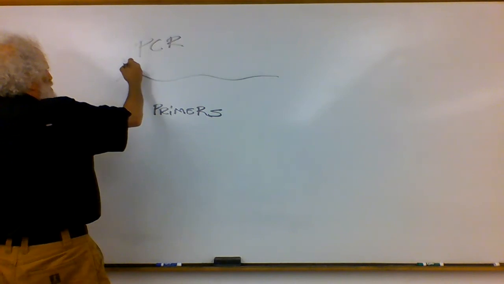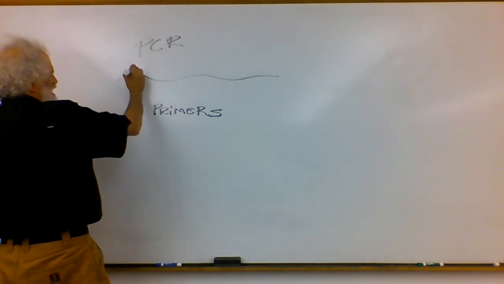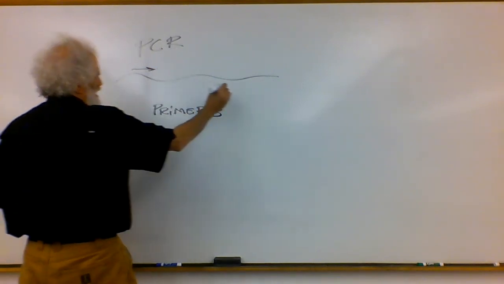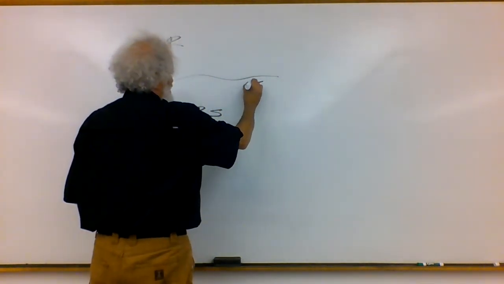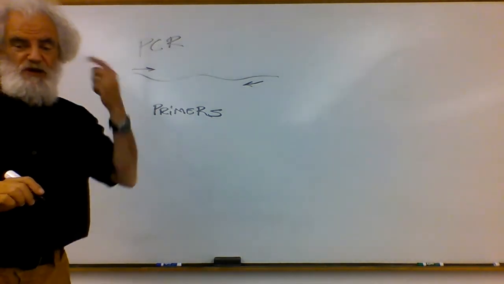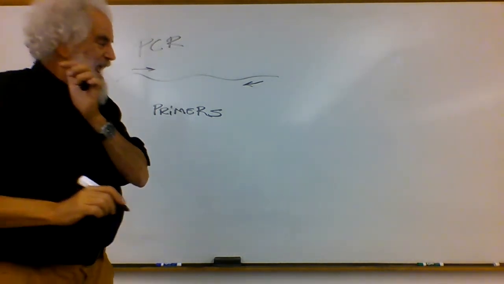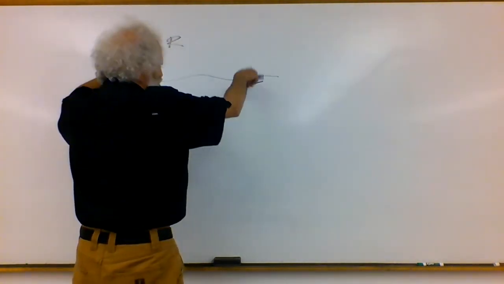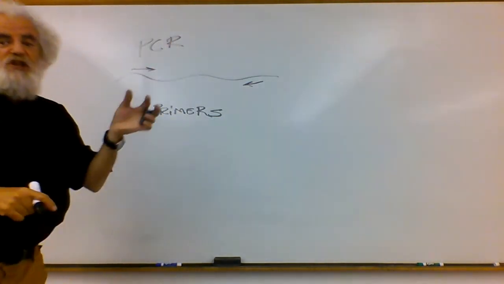And they're going to bind to a region of the genomic DNA such that they direct DNA polymerization going that way and DNA polymerization going that way. So they flank the region of homology, or the region of interest. And the primers are designed to be complementary to the two strands of DNA, so that they'll bind in this way.